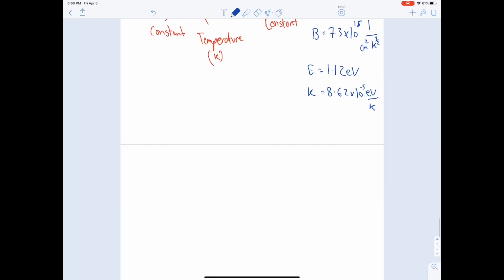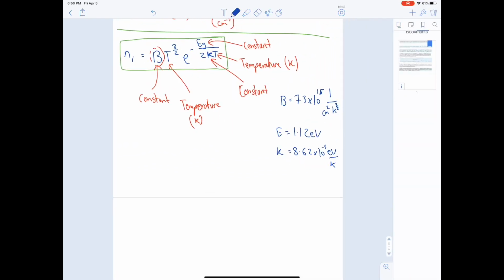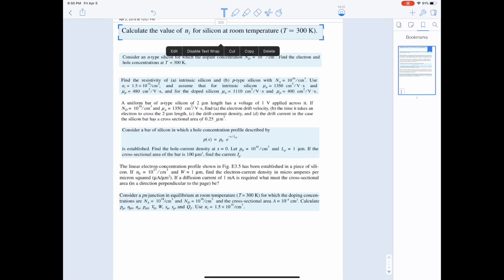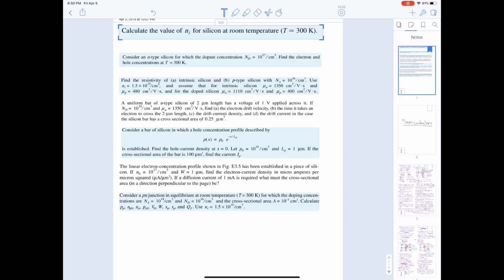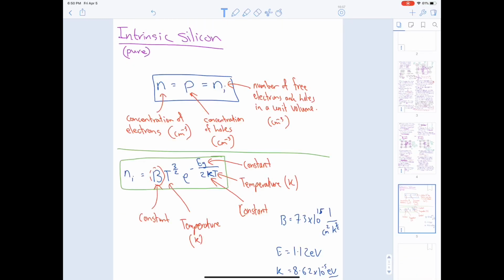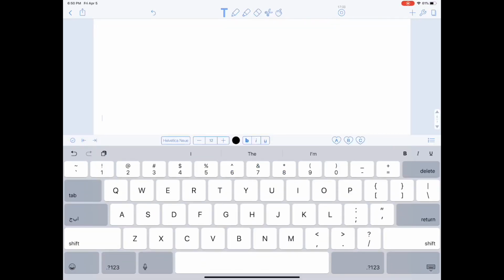Great. Let's take an example of how to calculate Ni. Let's go back to our work. Here you go. Okay. Let's paste the image.